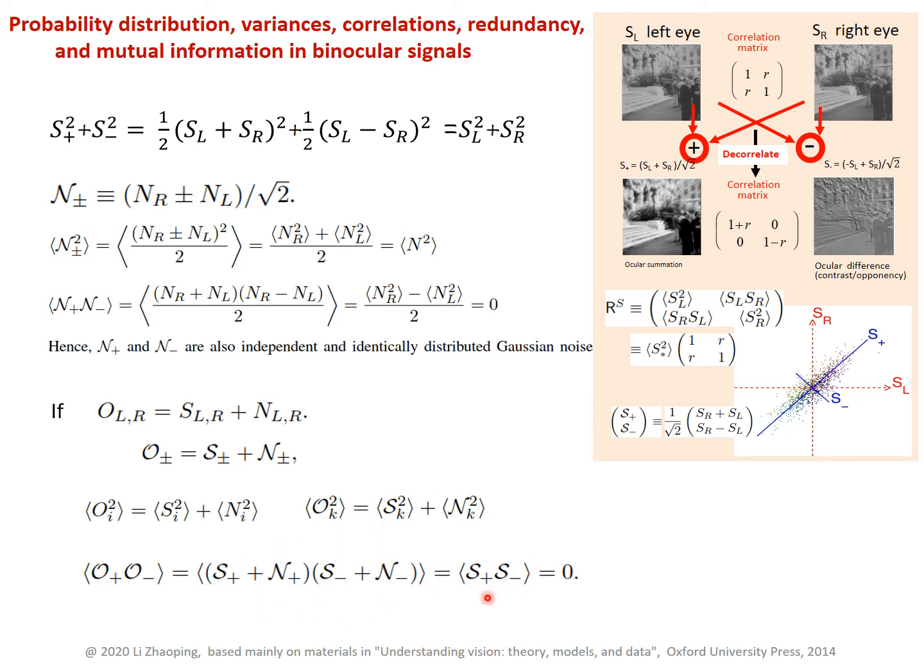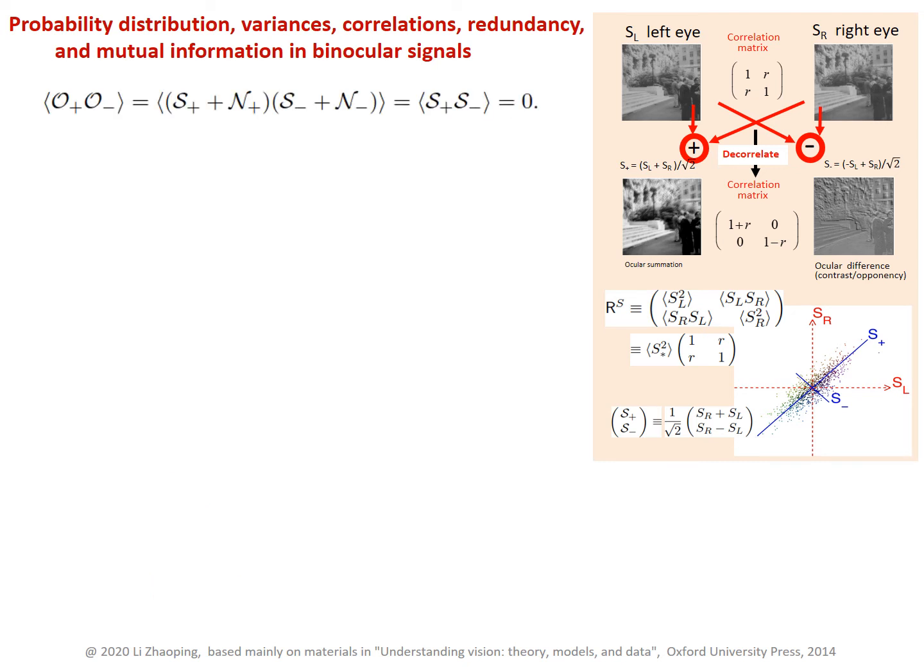And we know S plus and S minus are not correlated, so it's equal to 0. So therefore, O plus and O minus are not correlated. Because O plus and O minus are uncorrelated, the joint probability distribution also factorizes into the probability of the components.